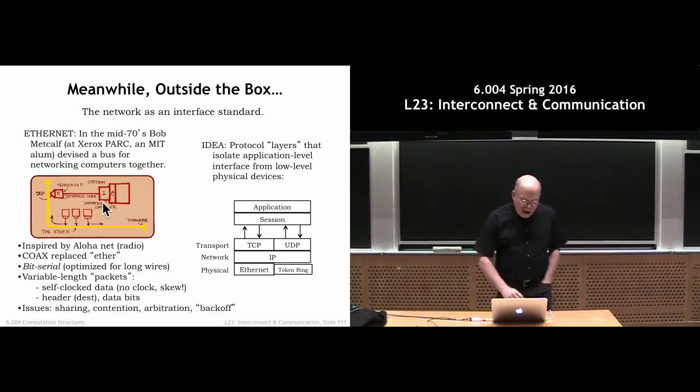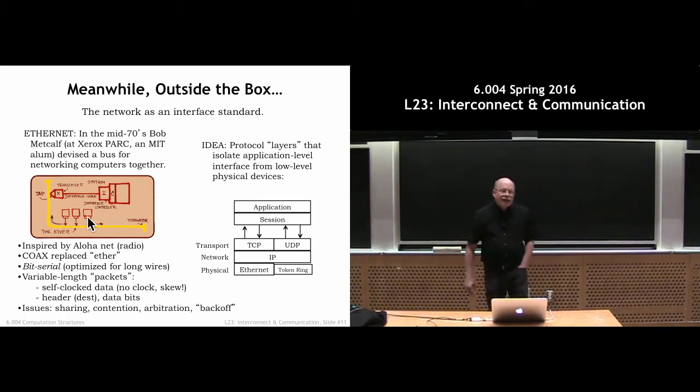And so Bob Metcalfe, whose office was 3 doors down from mine in Tech Square, started working on inventing the Ethernet. The idea was that this neat guy in Hawaii had done a radio network to transmit data between the islands, between the different pieces of the University of Hawaii. And well, we couldn't set up an entire satellite downstation.